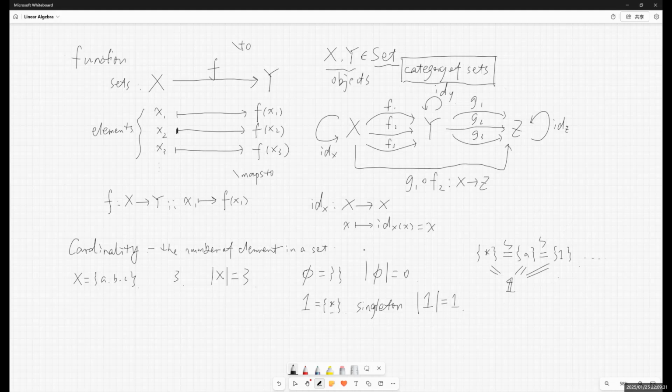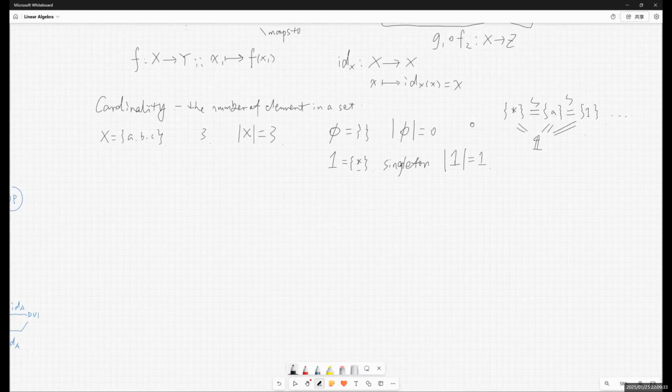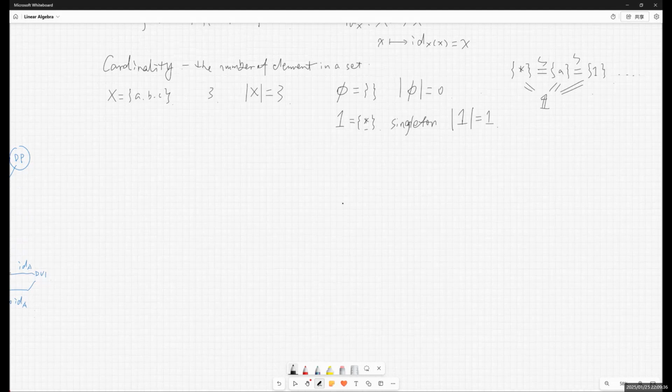And you can also have a binary set, {1, 2}, 2 elements. Or we can use {true, false}, or {0, 1} in Boolean algebra.